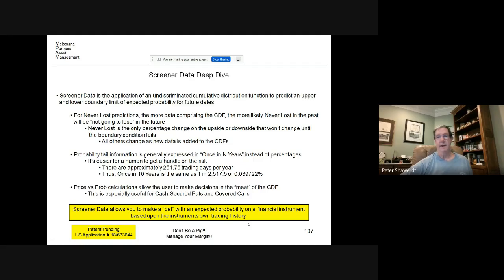The screener data and the SPX AI data allow me to make that bet with a given margin of safety. I go into the trade having an expectation of what the probability is that that particular trade is going to win. Simple as that. So for me, the market truly is a casino, and I am truly betting.